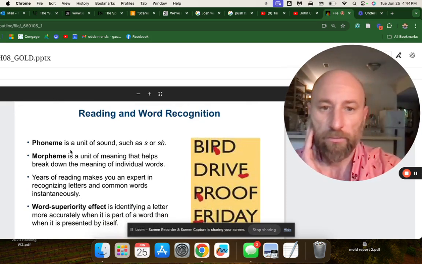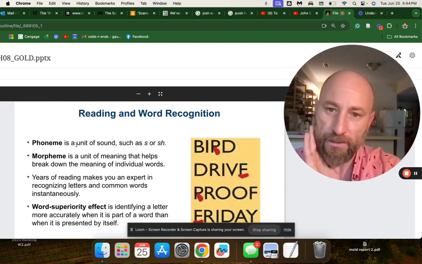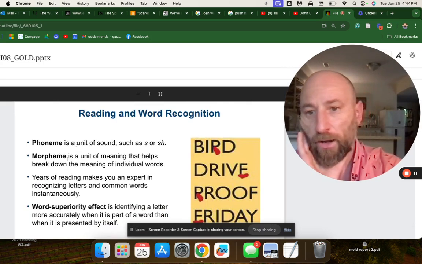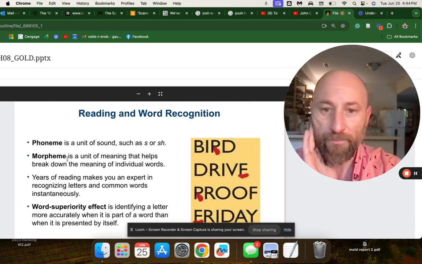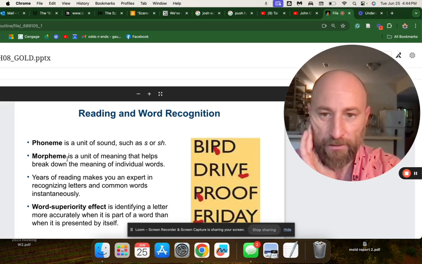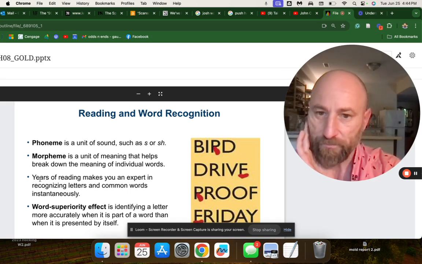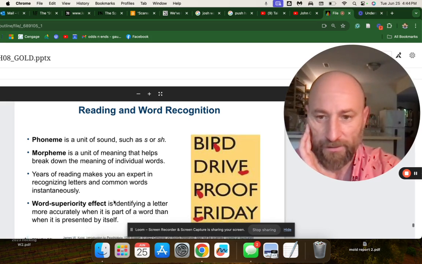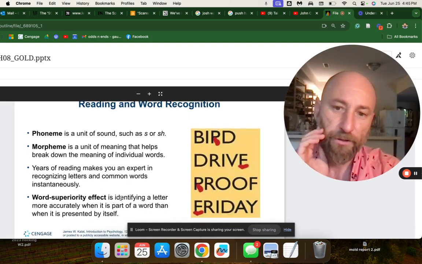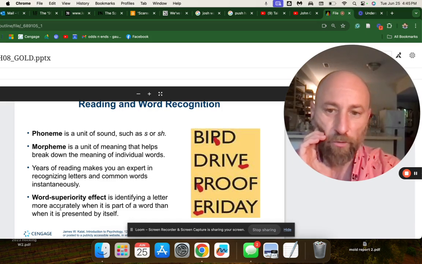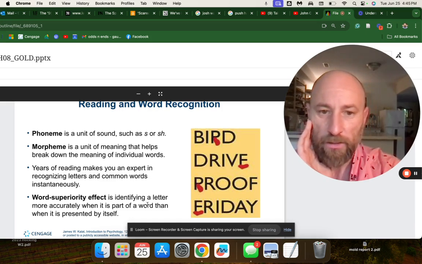Reading and word recognition. A phoneme is a unit of sound. A morpheme is a unit of meaning that helps break down the meaning of individual words. Years of reading makes you an expert in recognizing letters and common words instantaneously. The word superiority effect is identifying a letter more accurately when it's part of a word than when presented by itself, right?